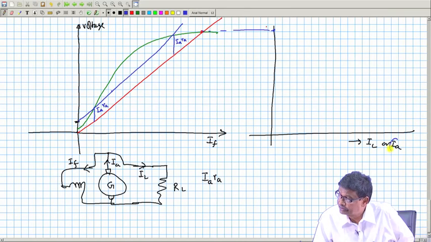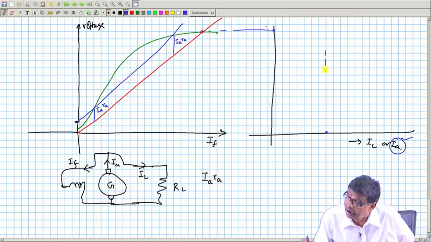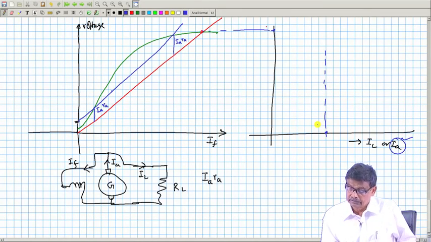and suppose you are sketching IA only. So, the IA value I have chosen, I will go to that IA value here, and I want to know what the terminal voltages are.